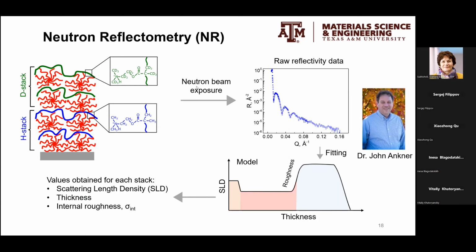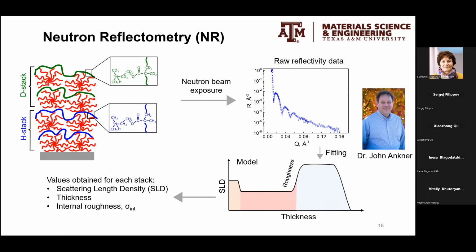When we get our results and analyze them, you can see that the SLD, scattering length density, from this gray stack, the top stack we are depositing, is going to be higher. And we're going to see a transition between the deuterated and hydrogenated material from the behavior of this intermediate region, which we traditionally call roughness in neutron reflectometry.